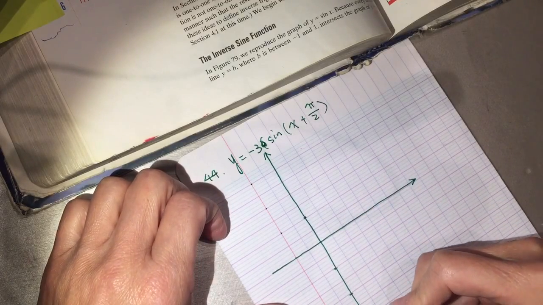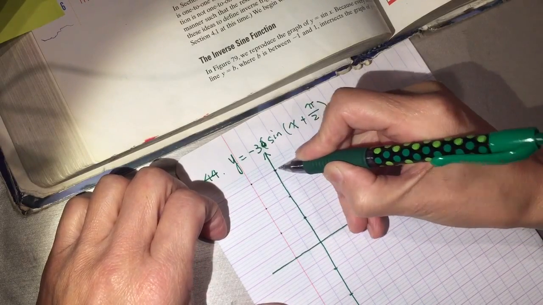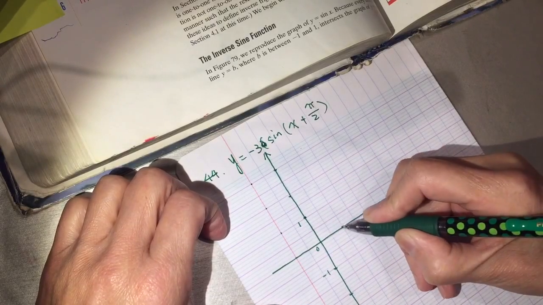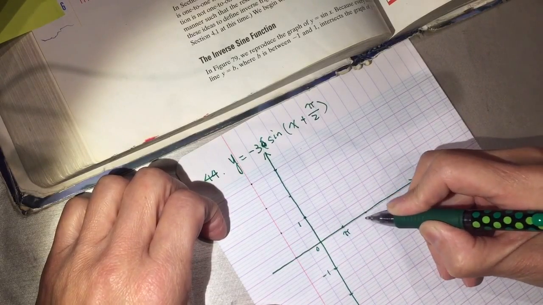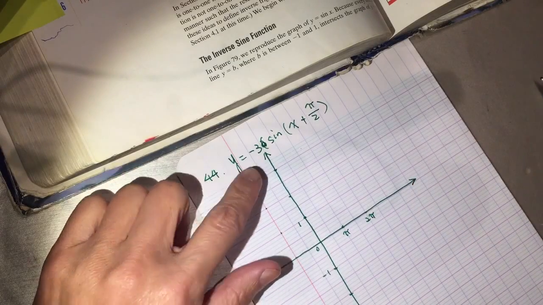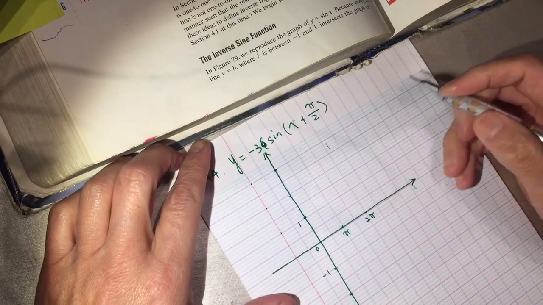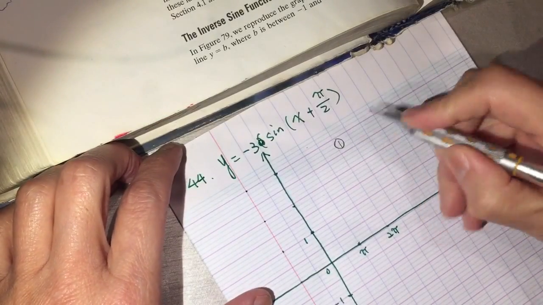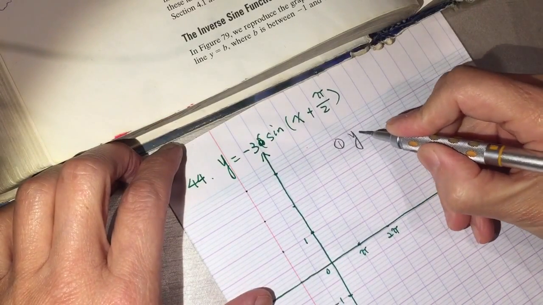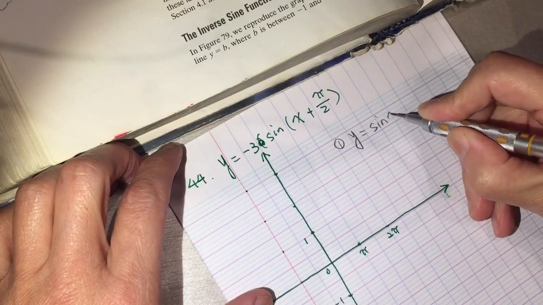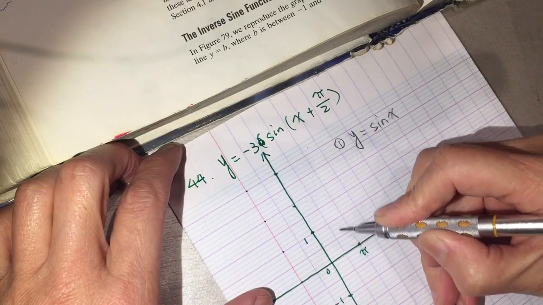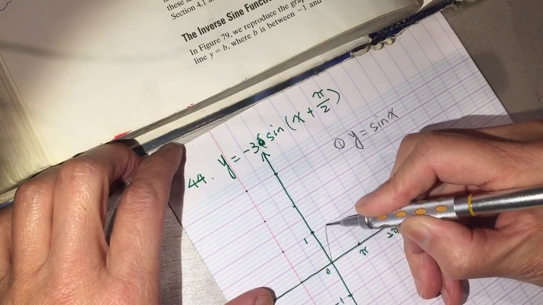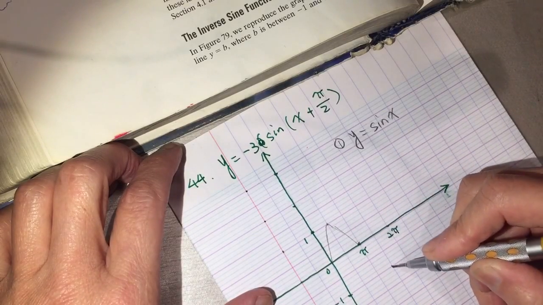To start with our standard form: 1, negative 1, 0, pi, 2 pi. So starting with the basic form, y equals sine x. And for y equals sine x, we already know the graph is like this.